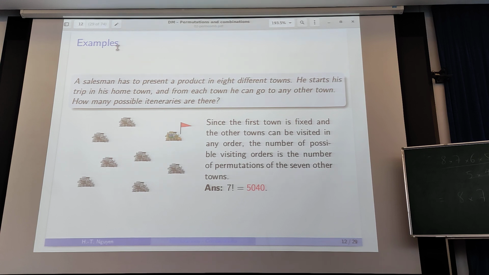And if you try to increase the number of towns, you can see that if you increase the number of towns just a little, then this number, n factorial, increases very fast, even faster than exponential rate.